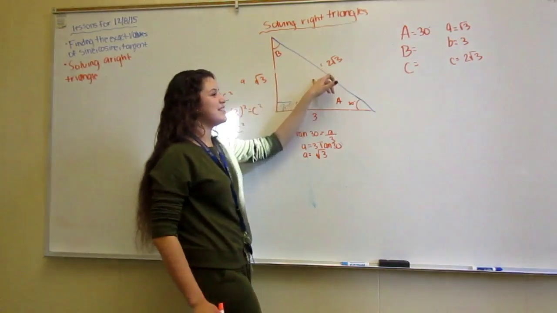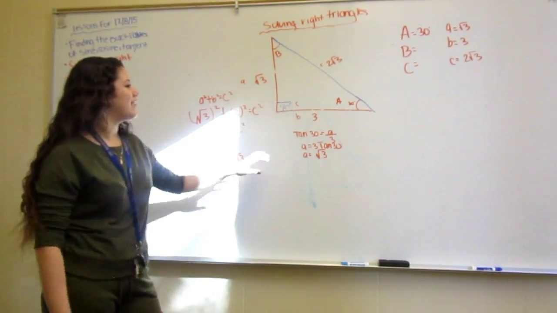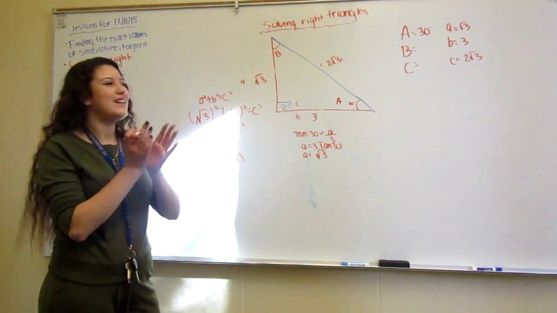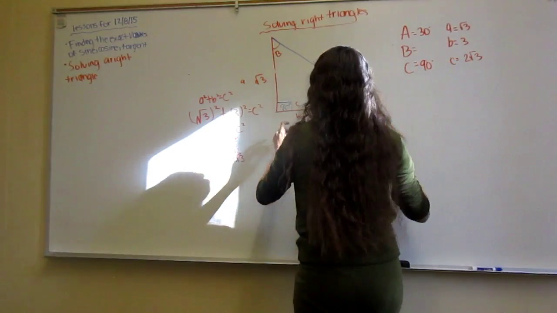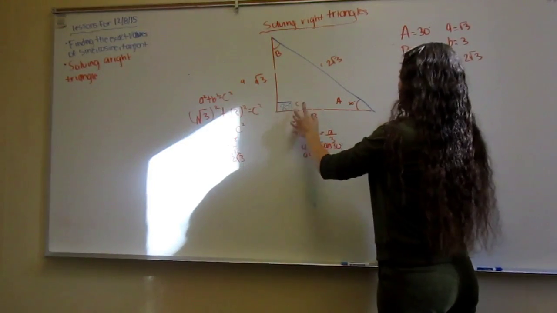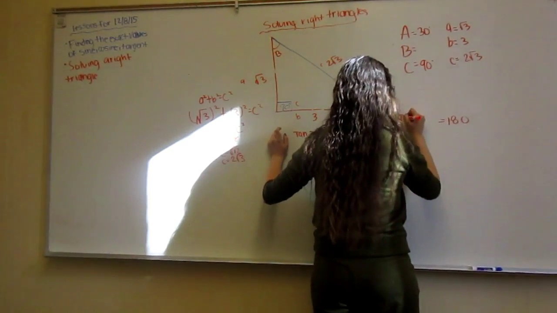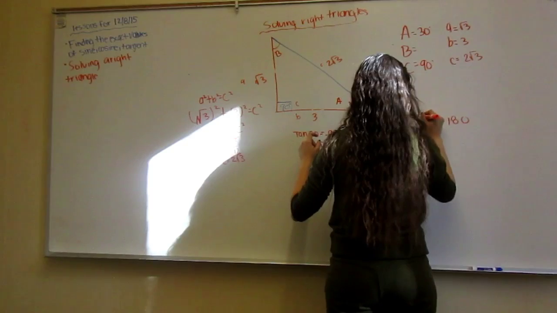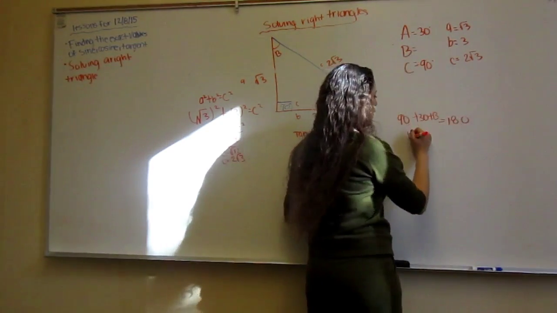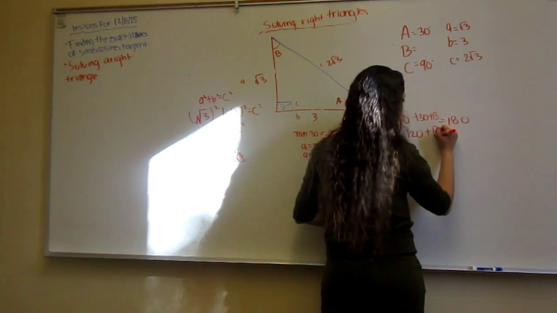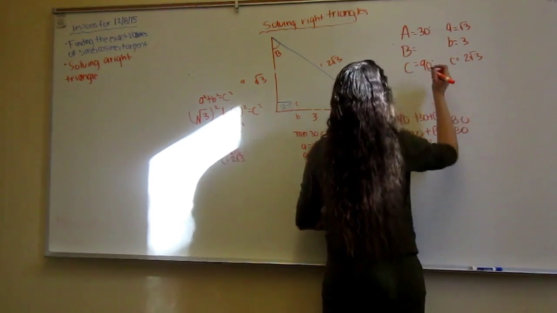What can we use to solve for the inside angles? We can deduce it because the inside of the triangle is 180 degrees. So 90 plus 30 is 120, so you know that B is 60. So 90 plus 30 plus B equals 180, so 120 plus B equals 180. So B equals 60 degrees.